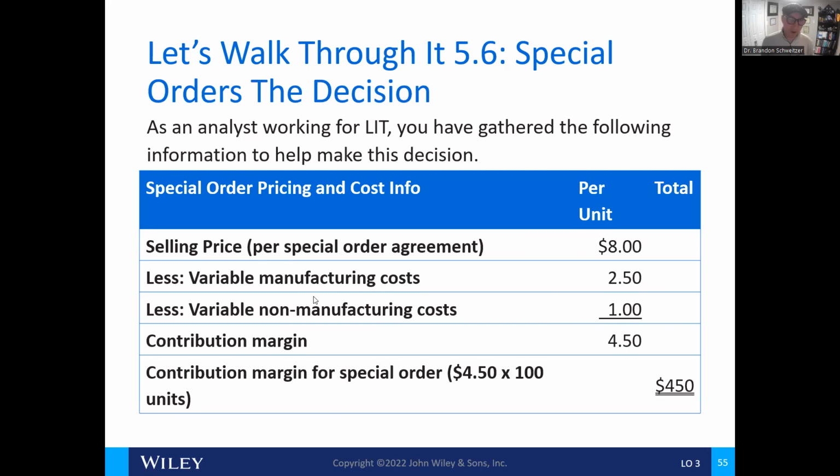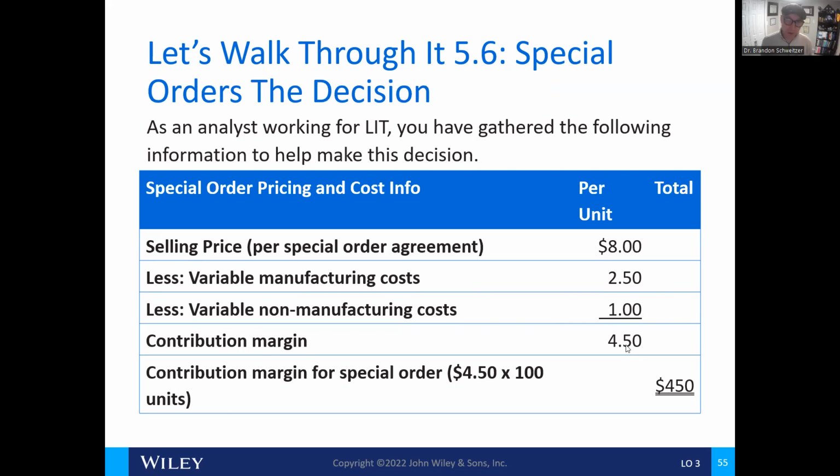So in order to find out if it's a good opportunity for the company, we plug in the new information. Sales price, special order, $8. Variable manufacturing cost is still $2.50. Our non-manufacturing variable cost dropped to $1. That gives us a contribution margin of $4.50.